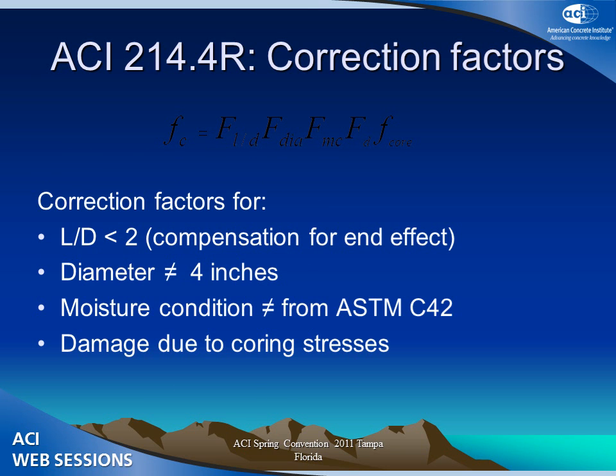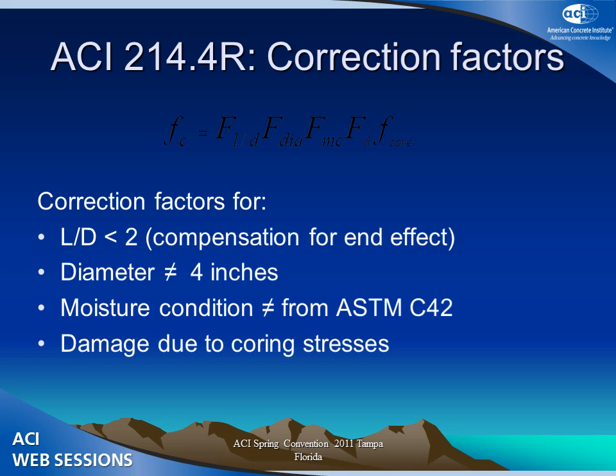And I'm really glad Mike went first because he explained these things fairly well, and so I'm not going to spend a lot of time, but we did use the factors that are in the document to compute this F sub C number. There's a compensation for the L over D. There's a compensation for the diameter if it's different than 4 inches.